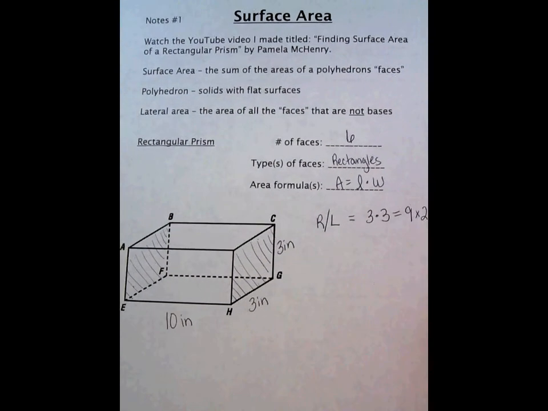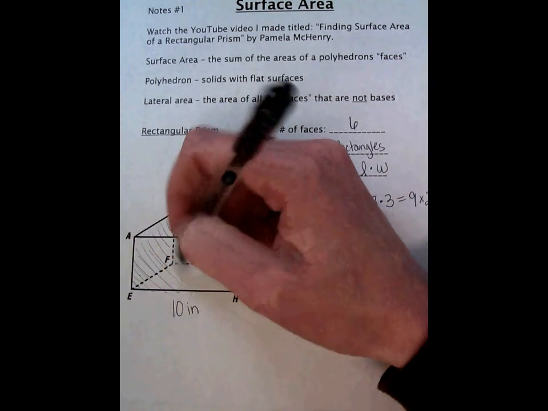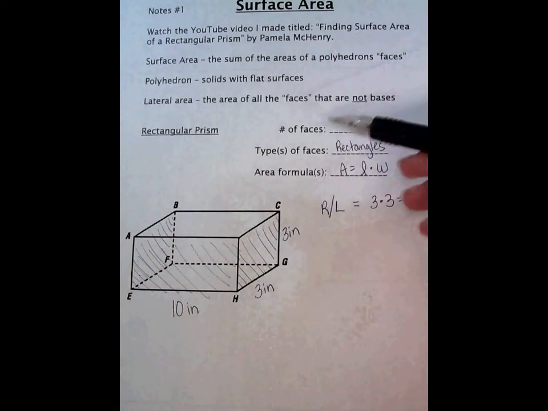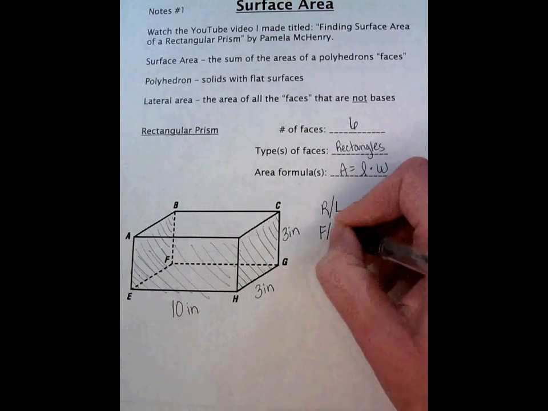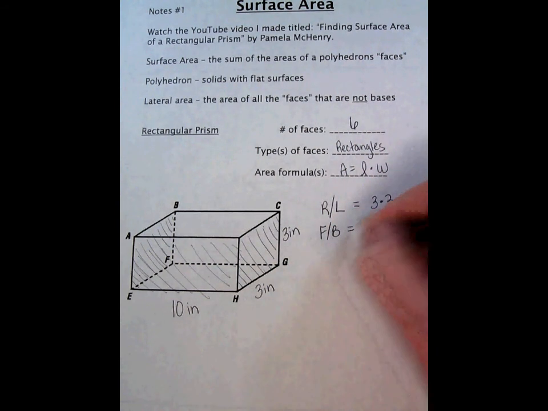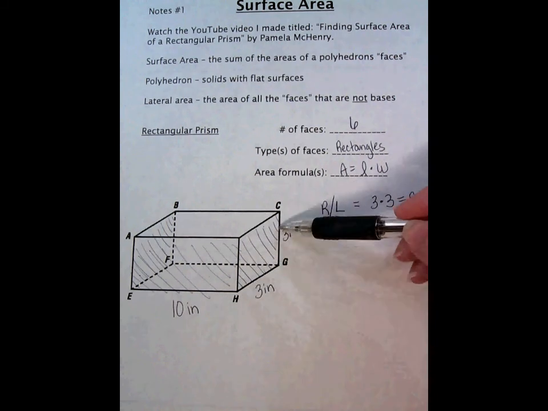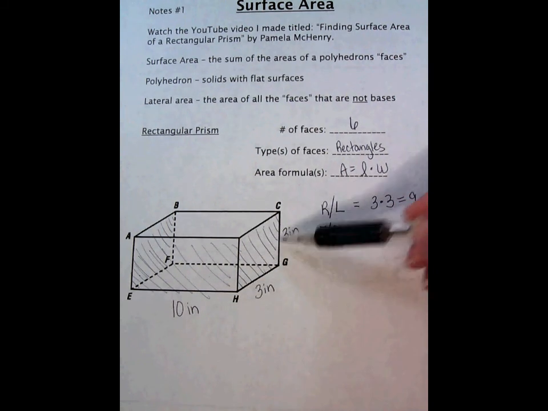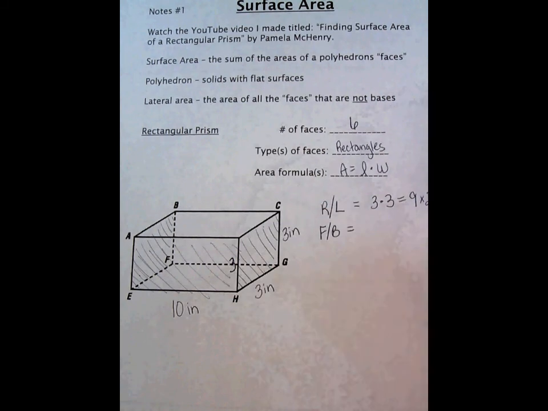Now, we also have a front that matches the back. So our front and our back are this 10, and then the height here is going to be the same as the height all the way around. So this is also 3 inches high.